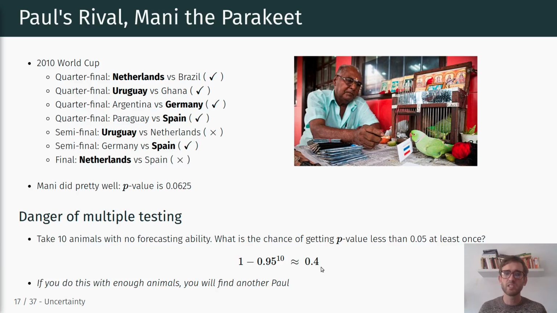And just as we can look at 10 different animals and their predictions, and then just pick the one that basically has all correct predictions, scientists have to be aware that if they make a lot of different comparisons, they can run into the same problem.